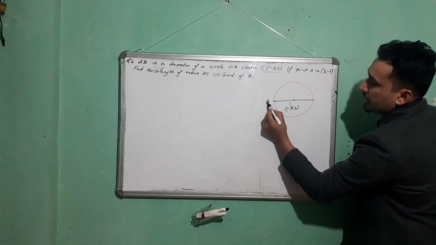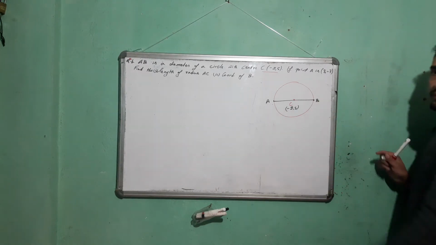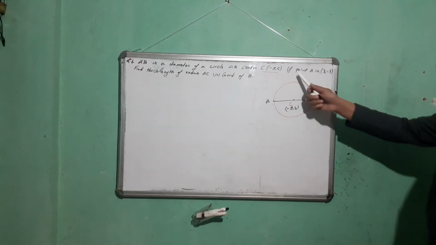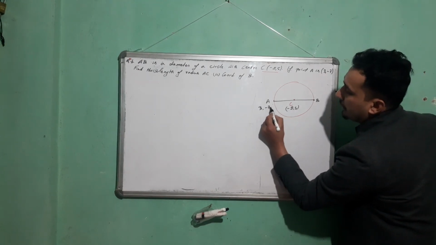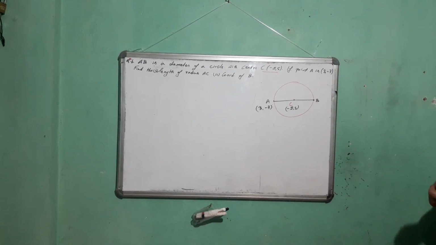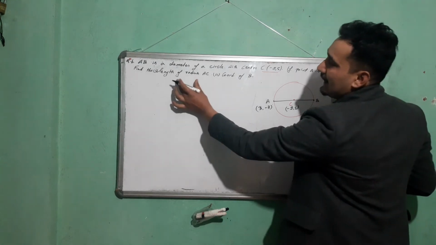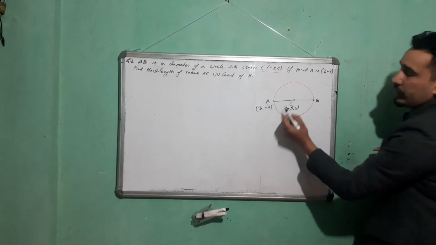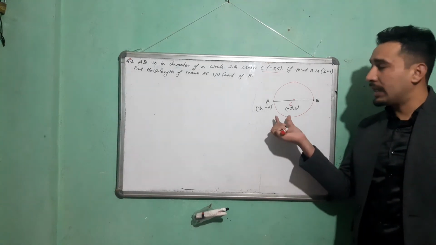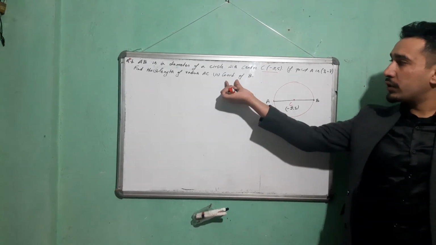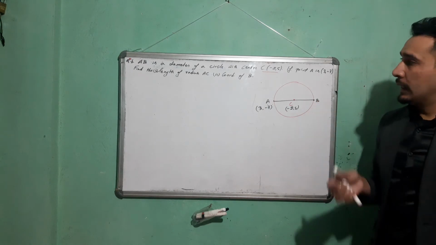You can consider this as A and this as B. Point A is 3 comma minus 7. Find the length of radius AC. For that we can use the distance formula directly. And in the next part, the coordinate of B we have to find.